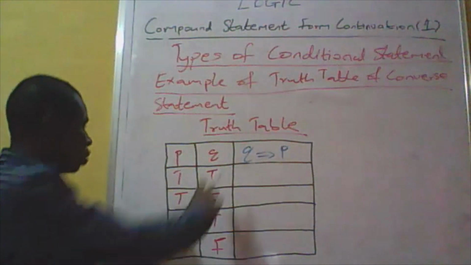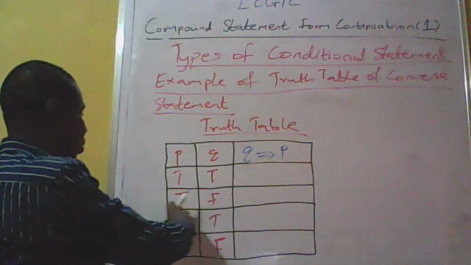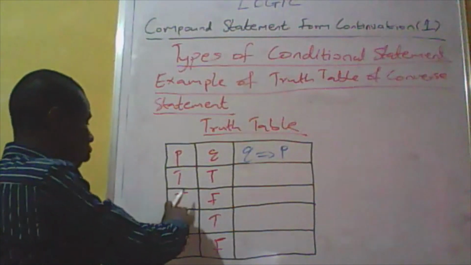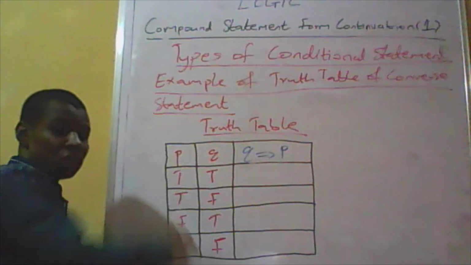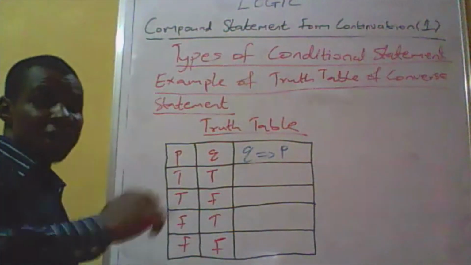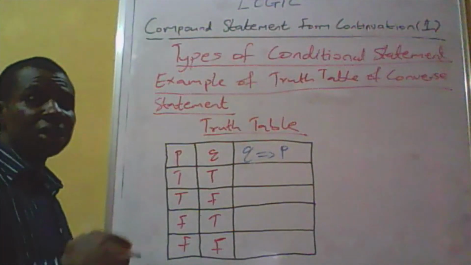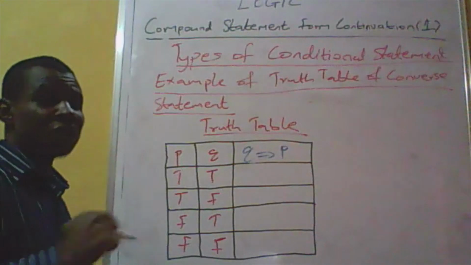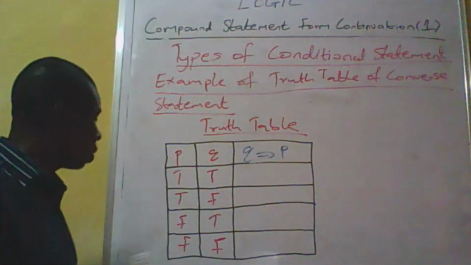Here, Q is F. Then P, I assign P to T. That means it is true. It is only when I assign Q to T and assign P to F that we are going to have a false truth valuation.